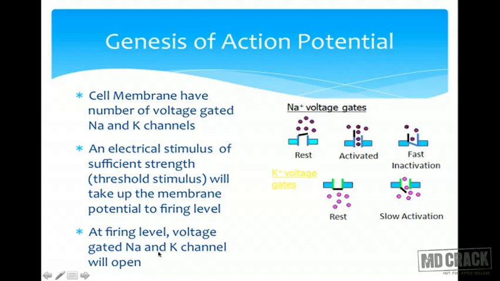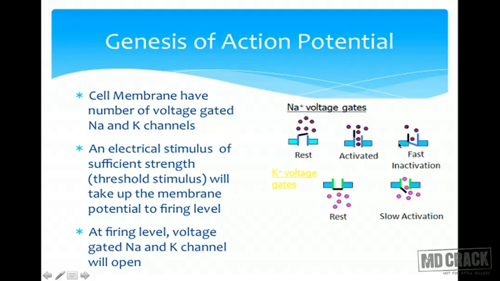As you can see here, this is the sodium channel and this is the potassium channel. So this is the situation at rest for the sodium channel. They are closed. When the membrane potential reaches the firing level or the threshold level, they will get activated. The gate has opened up. But after some time, when the membrane potential changes to a different level, this gate will get closed.